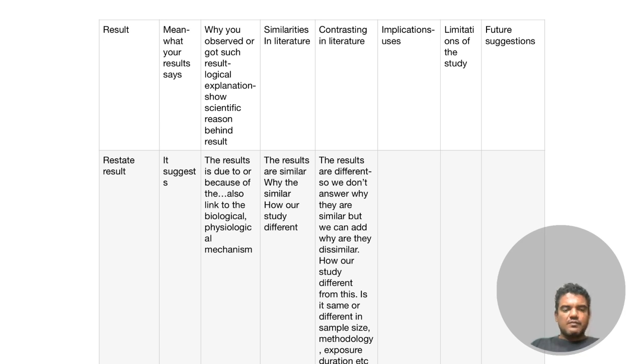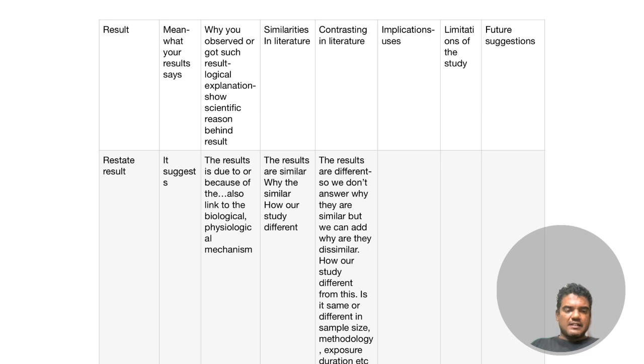Implications we have to write. We can write that this particular drug causes the release or formation of free radicals in the cellular system to activate the antioxidant system in cancerous cells.